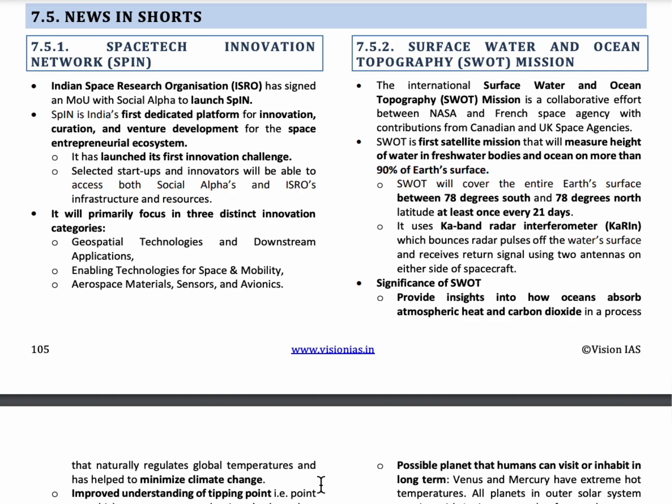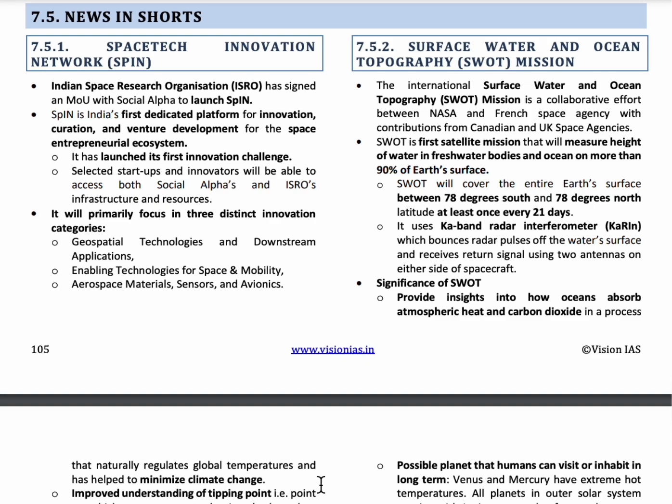The next topic is the Surface Water and Ocean Topography mission, or SWOT mission. It is the first satellite mission that will measure the height of water in freshwater bodies and oceans on more than 90% of the Earth's surface. The SWOT mission will cover the entire Earth's surface between 78 degrees south and 78 degrees north latitude at least once every 21 days.